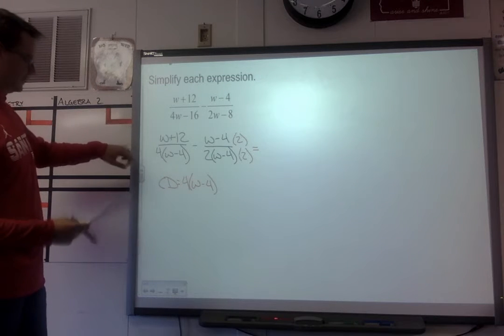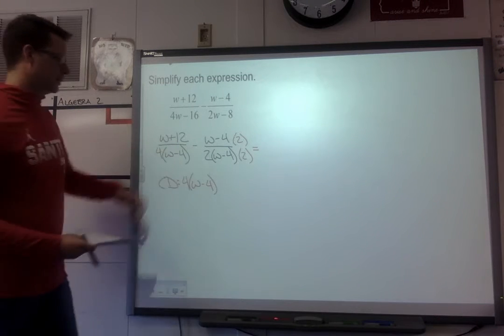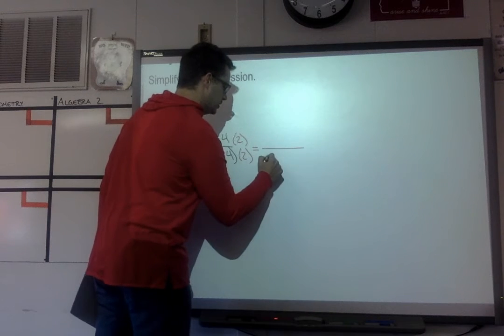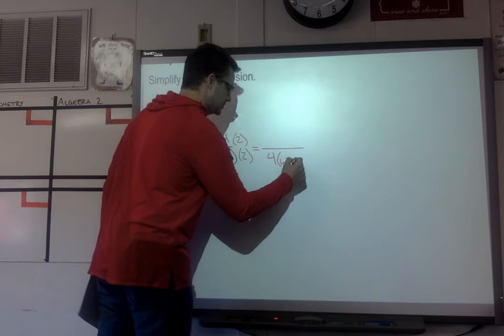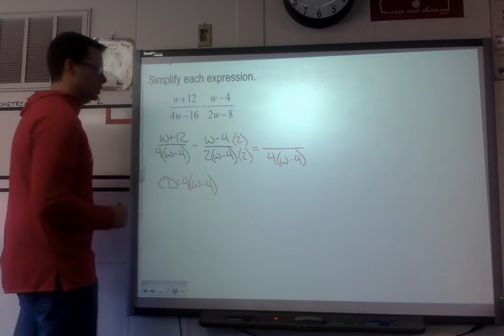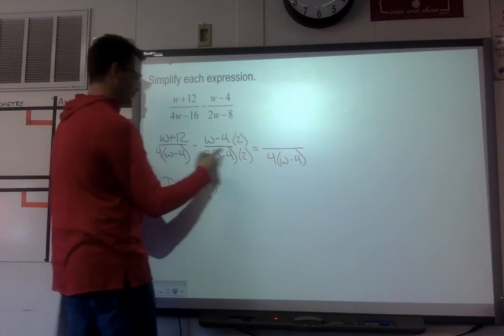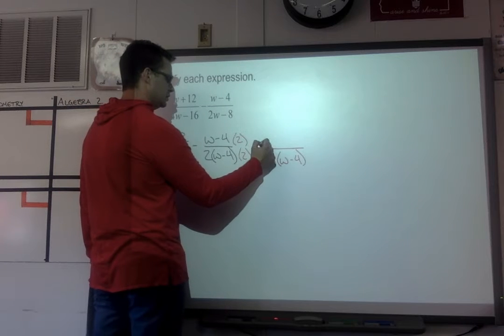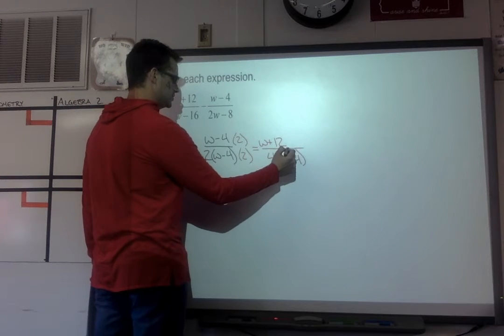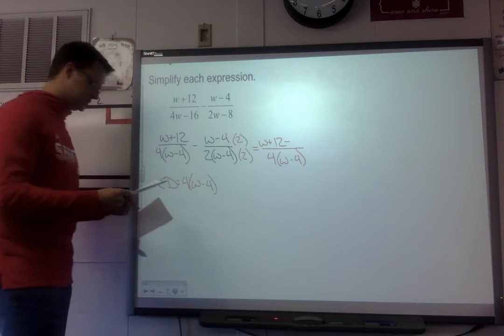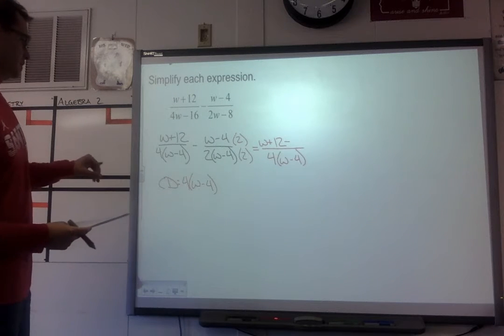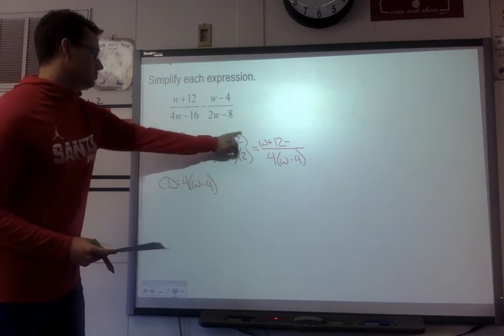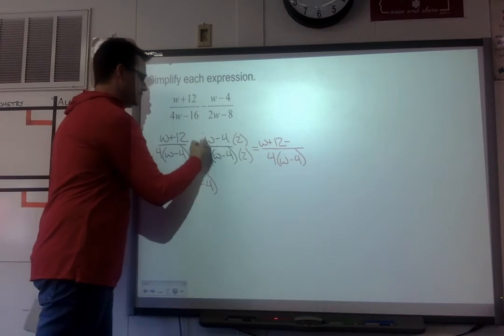So then, again, I know that I'm going to come up with that common denominator of 4 times w minus 4. In my numerator, I'm going to end up getting w plus 12 minus, in this case, I'm going to distribute my 2 into the w minus 4.